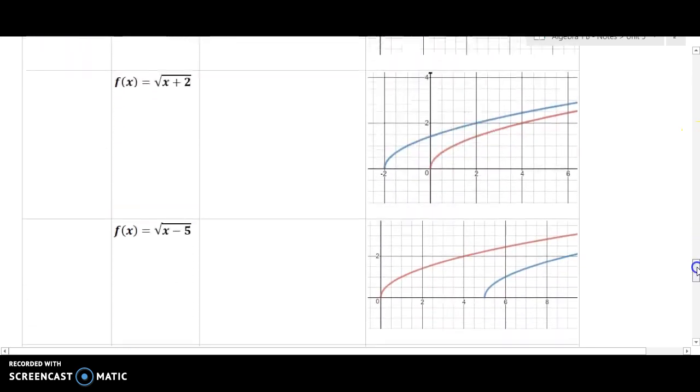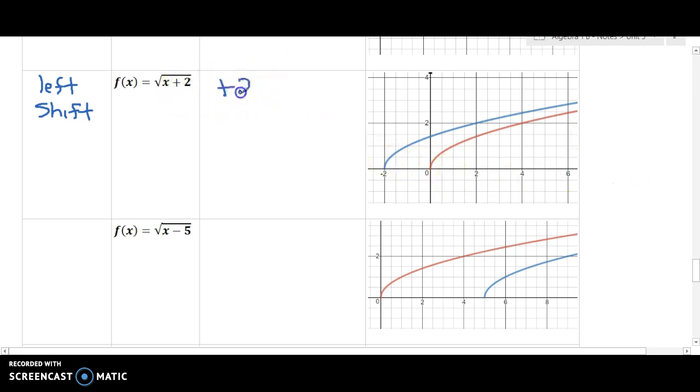Now we look at the graphs where something is added to x on the inside or subtracted from it. So we can see again our red graph is our parent graph. So when I add something to the x variable on the inside of the radical, my graph shifts left. So this is a left shift. And so we usually say it moves kind of in the opposite direction.